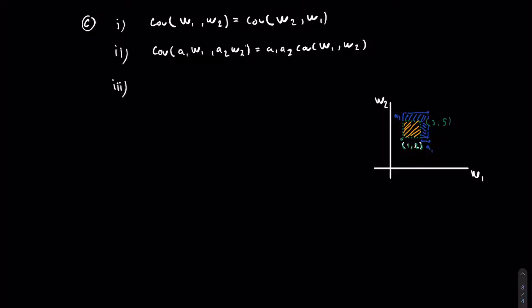In this piece, we are now given the covariance of W1 plus a constant A1, and W2 plus a constant A2, like so.